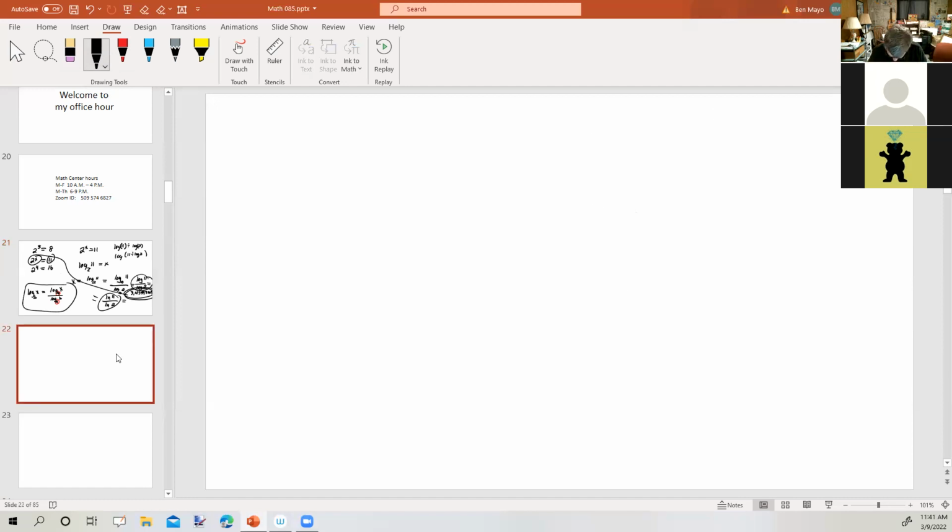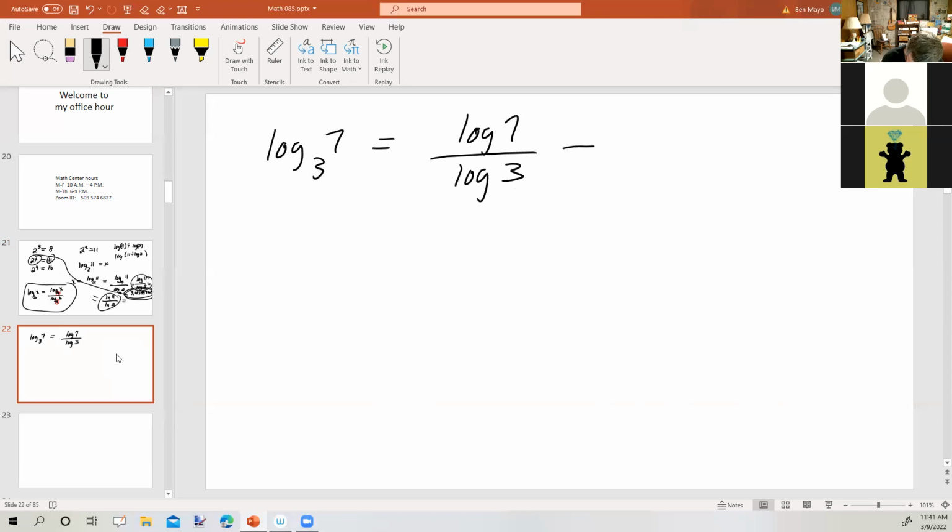So here we go. We've got, it says, use the change of base formula to find each logarithm to 4 decimal places. So log base 3 of 7. Well, that would be common log or log base 10 of 7 over common log or log base 10 of 3.